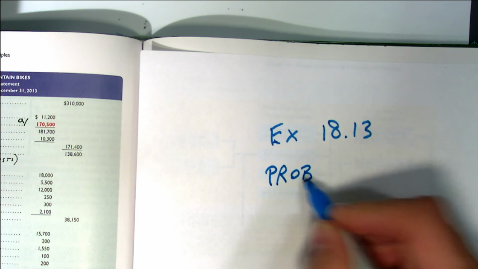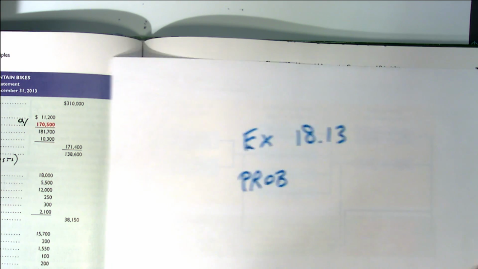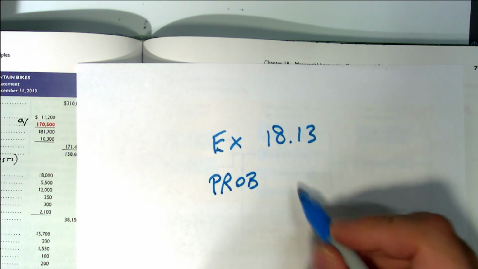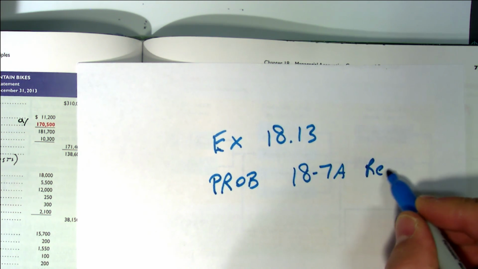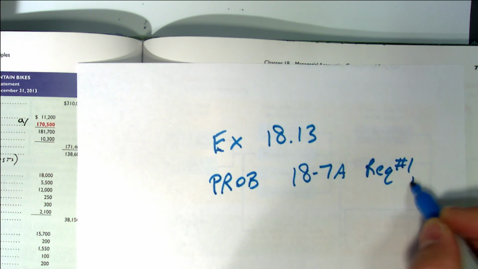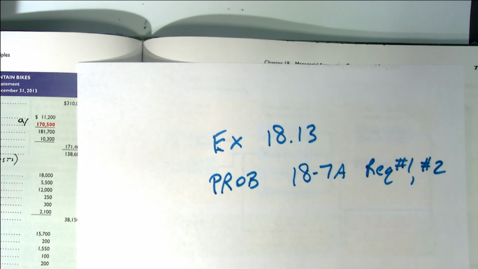Now, we don't always do the problems, but the problems are listed after the exercises. I want you to do problem 18-7A. Just do requirement number 1 and requirement number 2. You do not need to subtotal your selling versus your G&A on this one. This is that one that I was speaking of earlier.